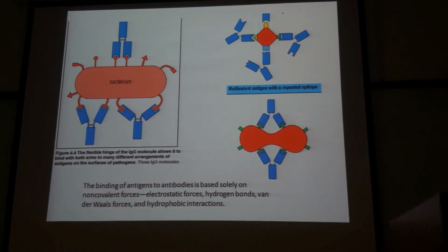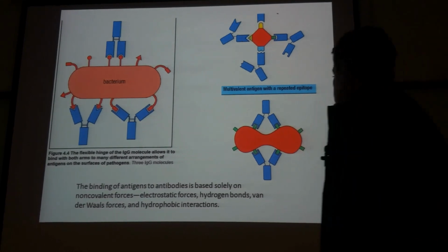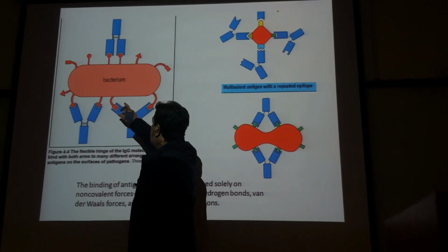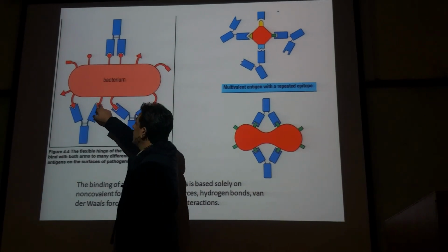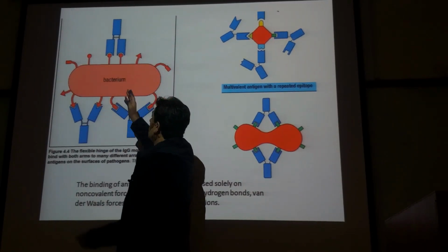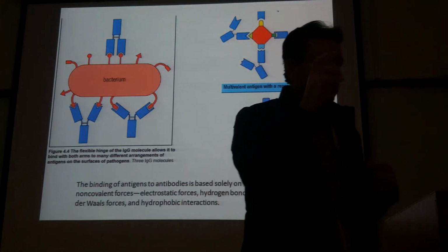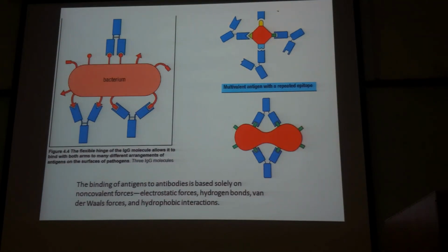These antigenic determinants can come in different variations. Some of them are straight and some are curved, with different topologies.